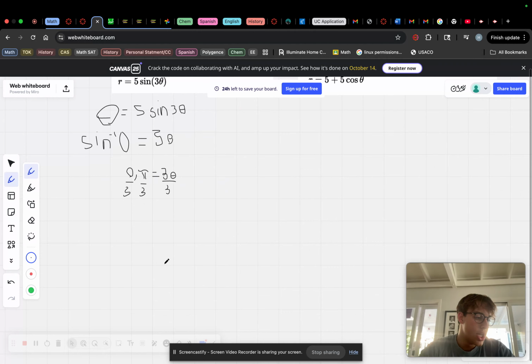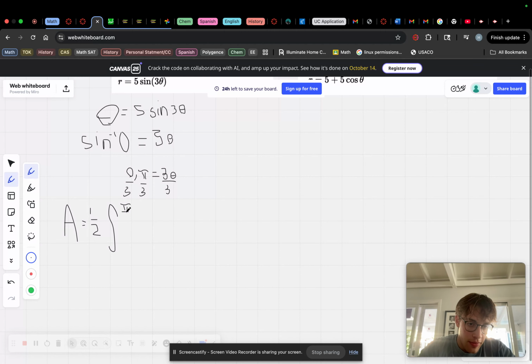So now we can use our formula for area. A equals 1/2 the integral from 0 to pi over 3, since we just found our bounds.